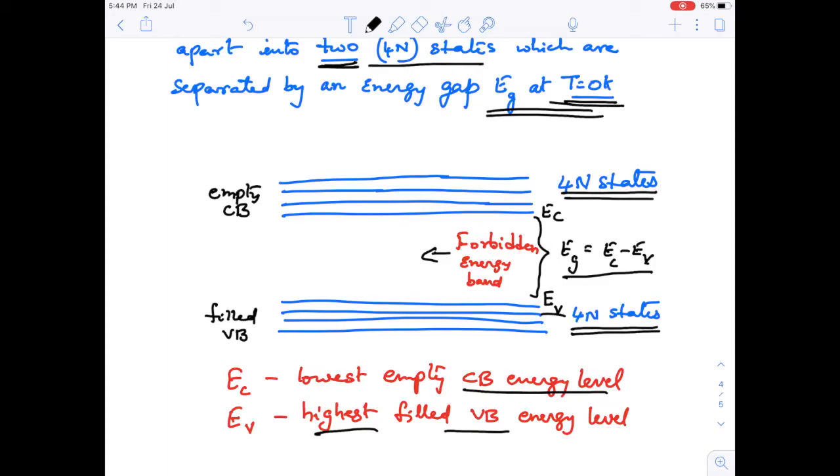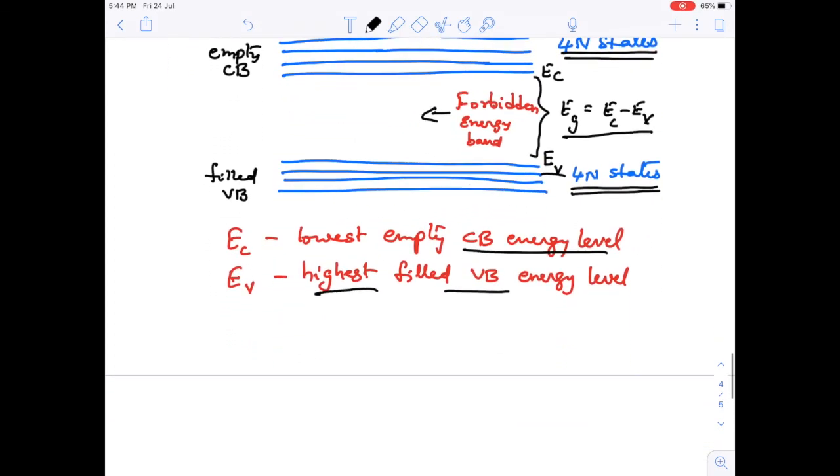That means here you will not have any electrons available for conduction. Only when energy is supplied, electrons from the valence band, if enough energy is supplied, can reach the conduction band, and you will have some electrons available for conduction in the conduction band.